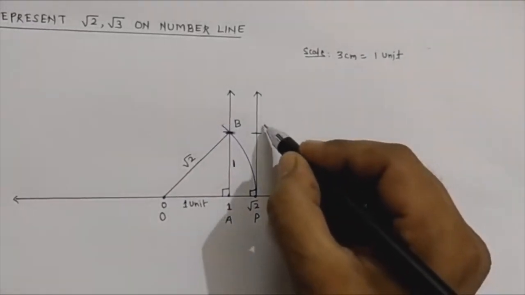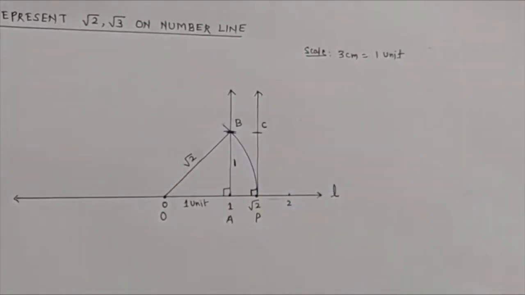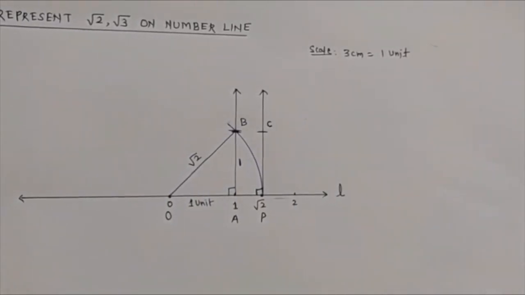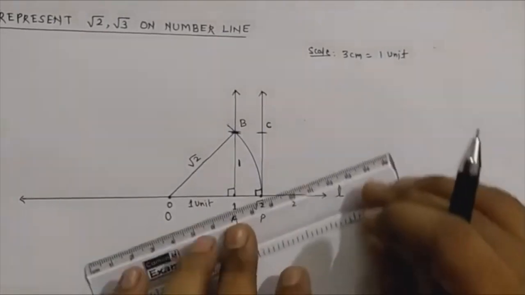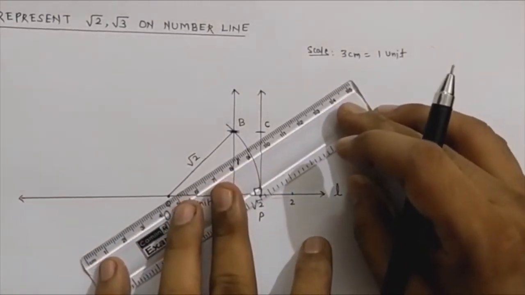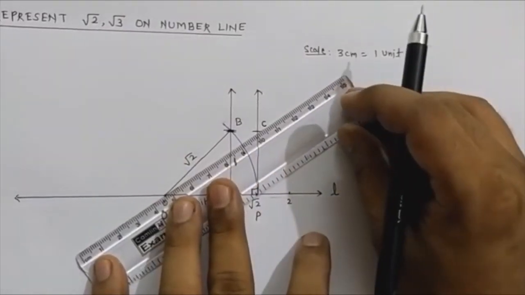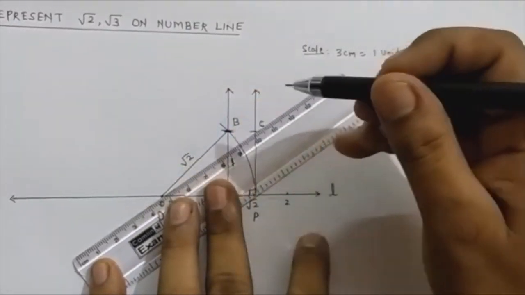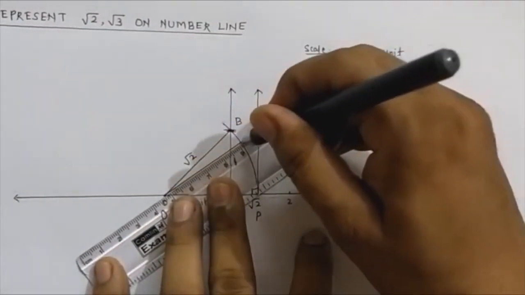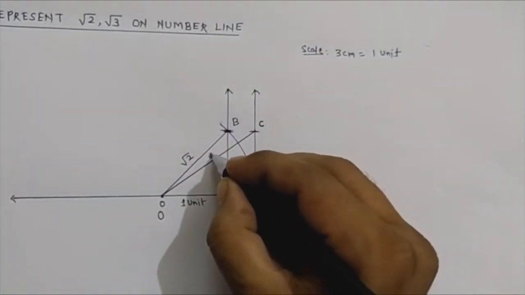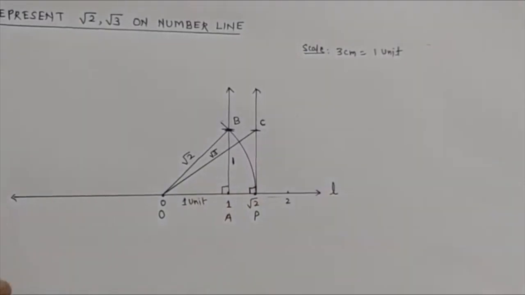This is point C now, and now draw segment O to C. This is root 3.